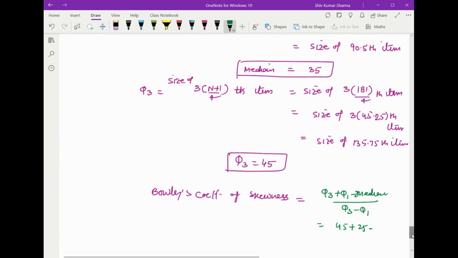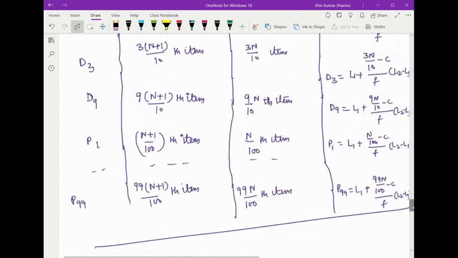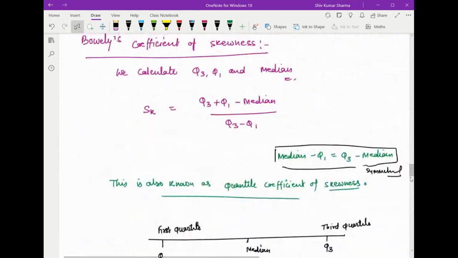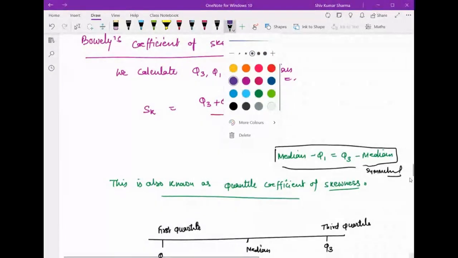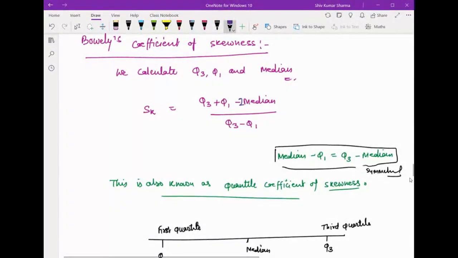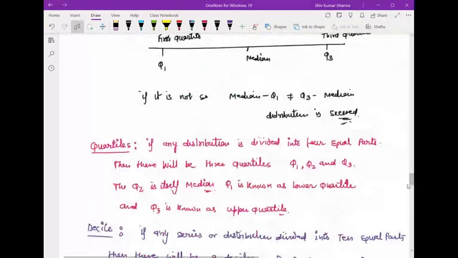So change the formula: Q3 plus Q1 minus 2 median upon Q3 minus Q1.